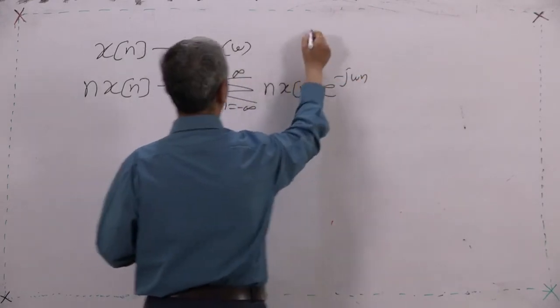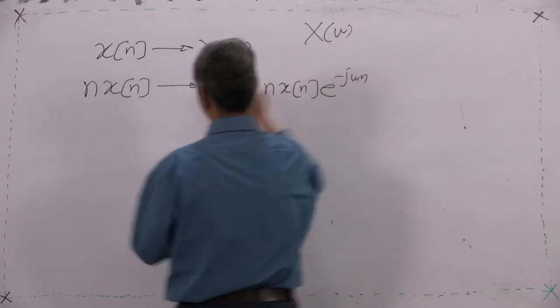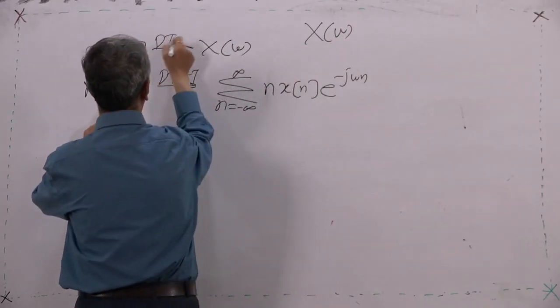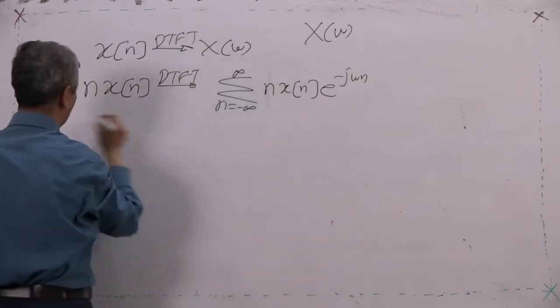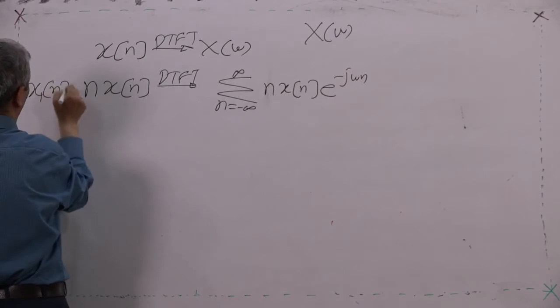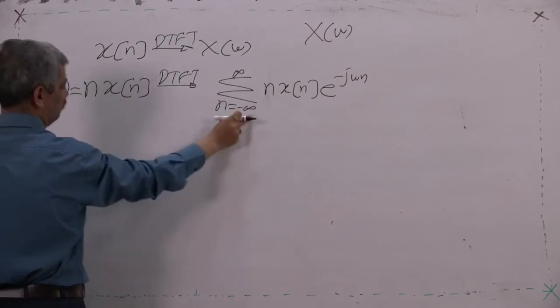And what is X(omega)? We can say x1[n] is equal to this, so this is X1(omega).